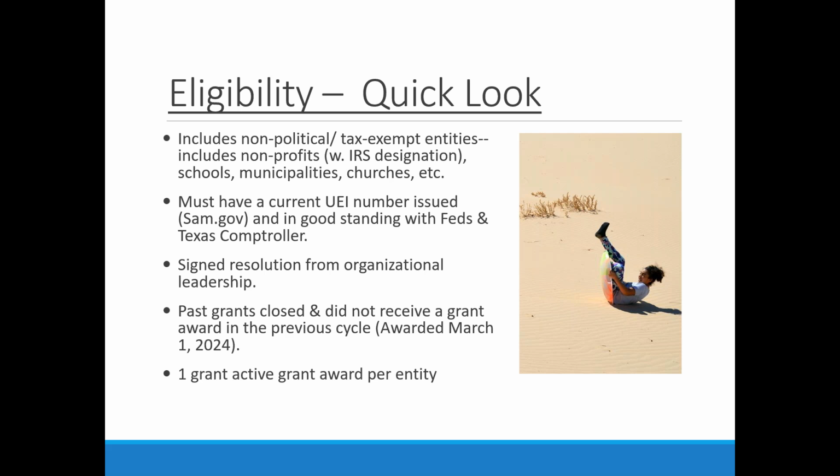We do have some examples and a fillable template in the resource section of the ARGO system. You do not have to use this template, but if you do not, just be sure it includes those required items. Any past co-op grants must be in closed status, and your organization must not have received an award in the last grant competition. Only one grant award will be granted per organization.